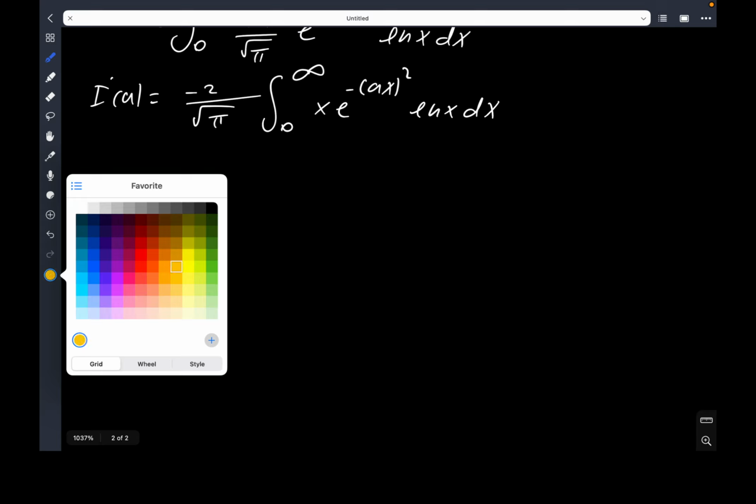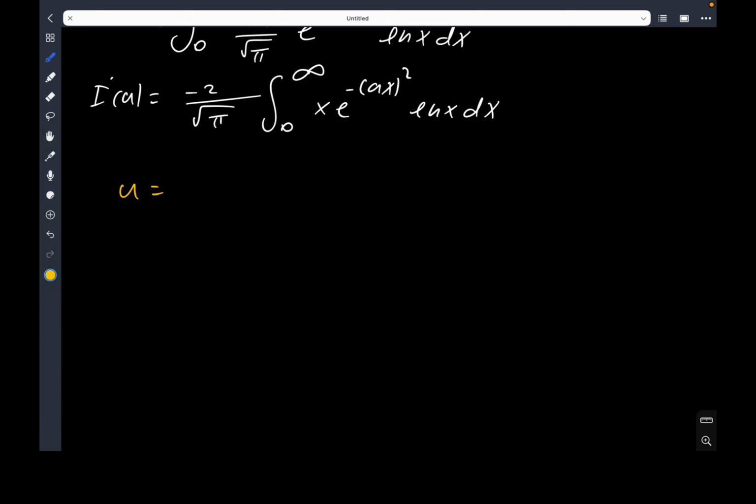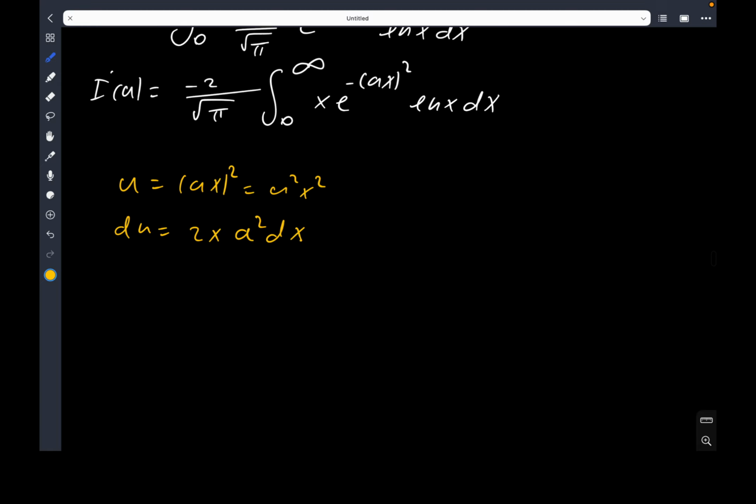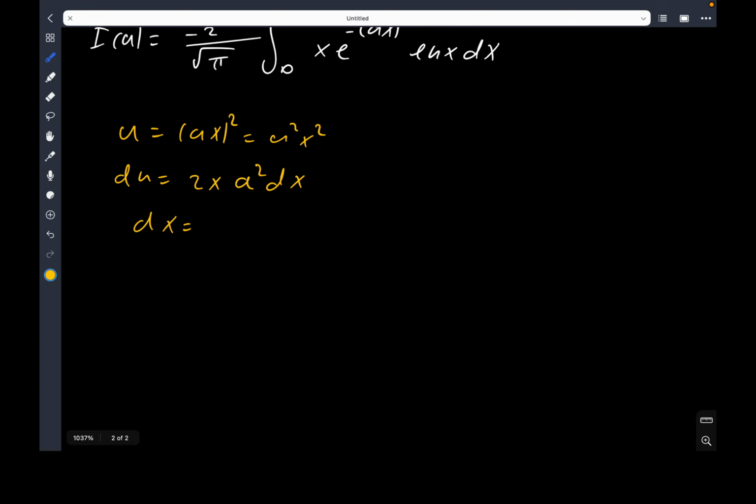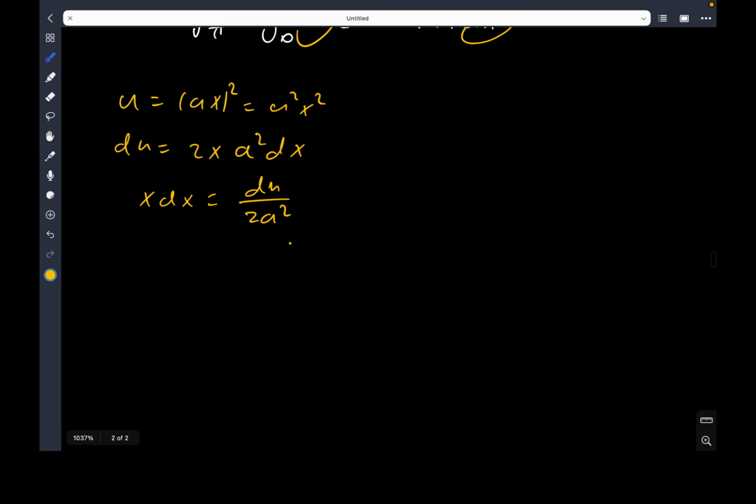Now I'm going to introduce a variable u, which is a squared x squared. Du therefore is 2x a squared dx, and x dx is du over 2a squared.